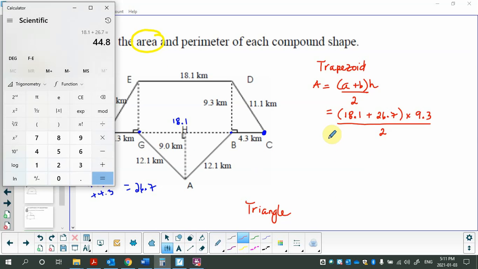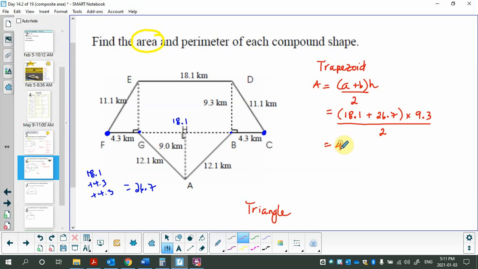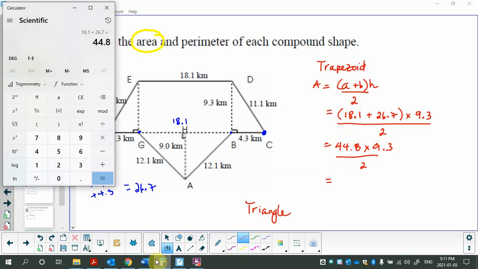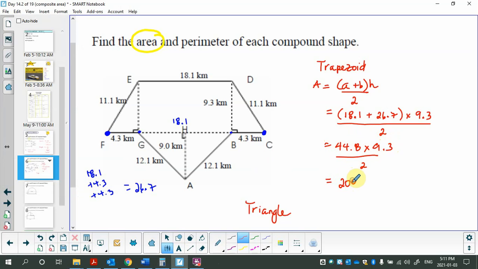And that's 44.8. I still need to times that by the 9.3 and divide it by the 2. So it's still on my calculator. I'm going to times by 9.3. Don't care what that is. Divide by 2. I care what that is. So 208.32. 208.32. These are all in kilometers, so that's kilometers squared.